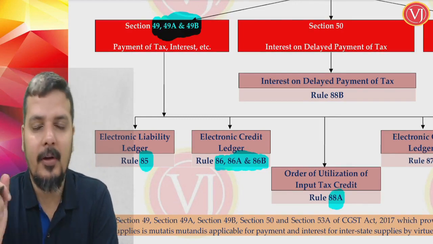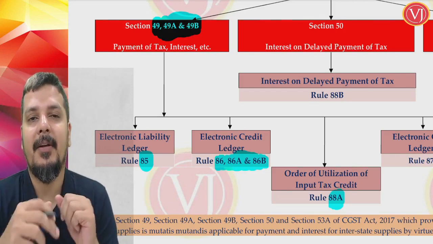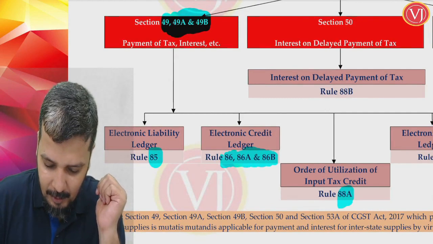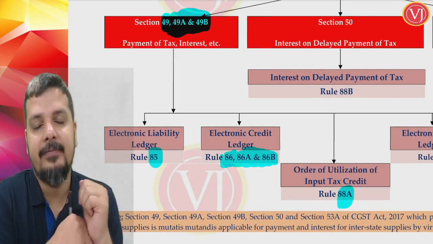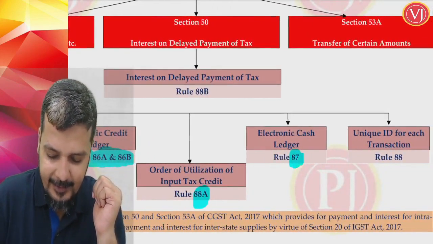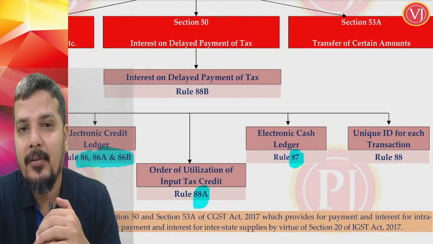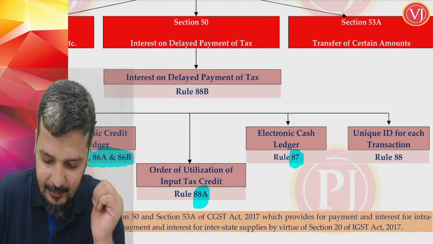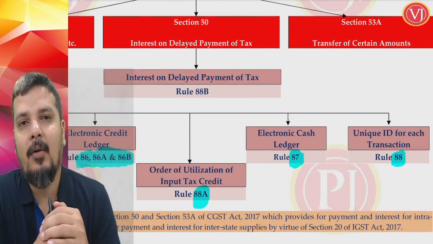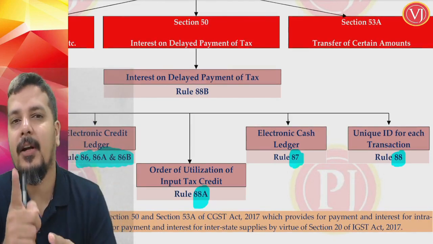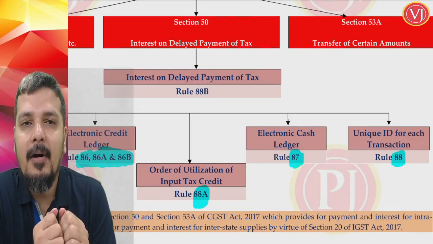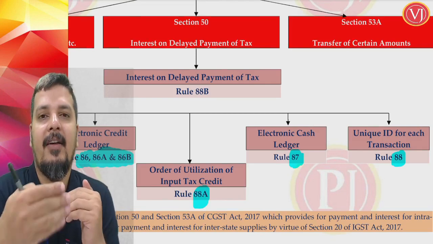So you are talking about your credit ledger being discussed in multiple places, not only 86, 86A, 86B, also 88A. Then you have something called cash ledger, rule 87, and you finally have your unique ID for each transaction. Whatever transaction is hitting your liability ledger or credit ledger or cash ledger will generate a unique identity number for that transaction, so that in the back end you can have a reference of that.